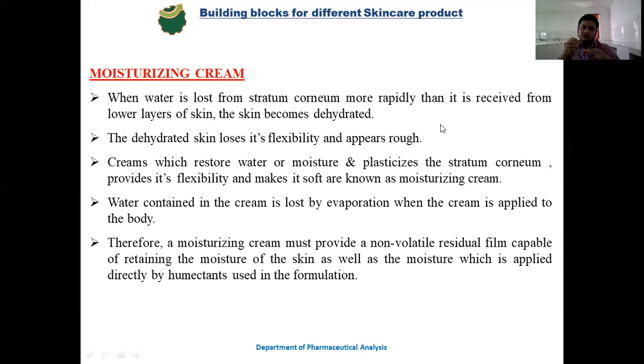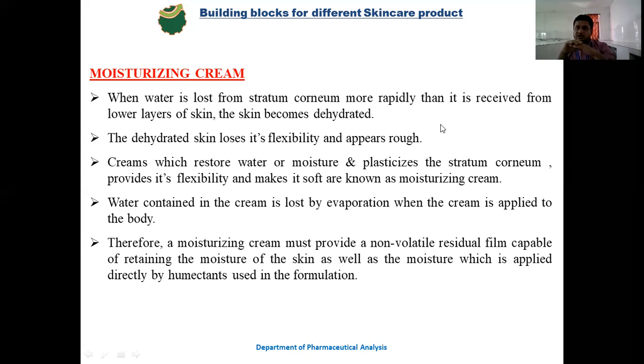Now, the cream which restores water or moisture, plasticizes the stratum corneum, provides its flexibility and makes it soft is known as a moisturizing cream. Because of the oily layer, the moisture can't pass through it and will remain in the stratum corneum or in the skin.